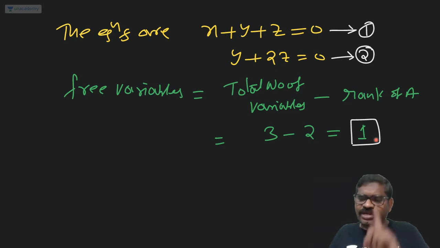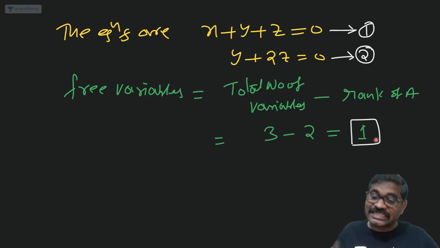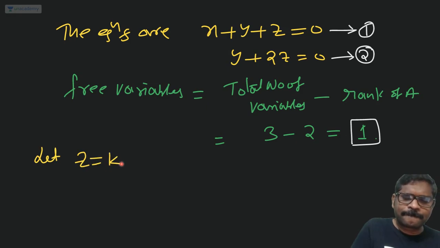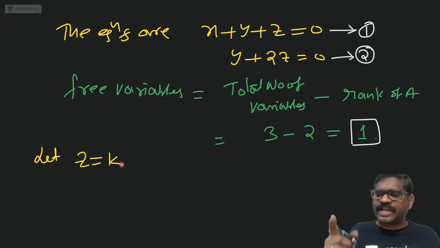Now, you got one free variable. So, that free variable or independent variable, you have to take one variable, either X or Y or Z. Let us take Z is equal to K. If you would like to take Y equal to K, you can take, no problem.